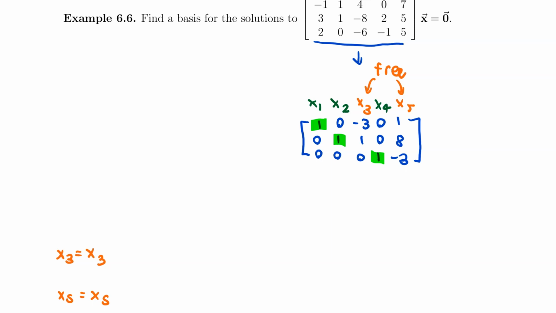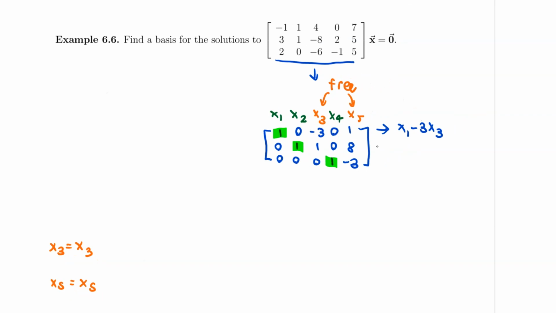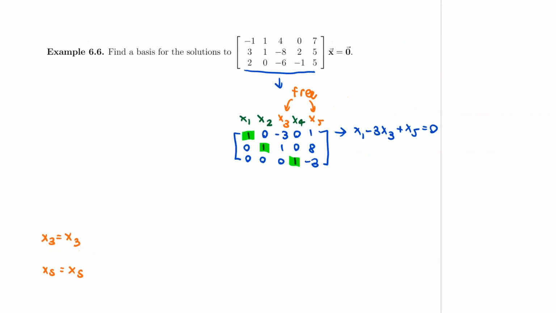Now, if I were to look at x1, I can read out my first row as x1 minus 3x3 plus x5 equal to 0. So what that means is my x1 is going to equal 3x3 minus x5.